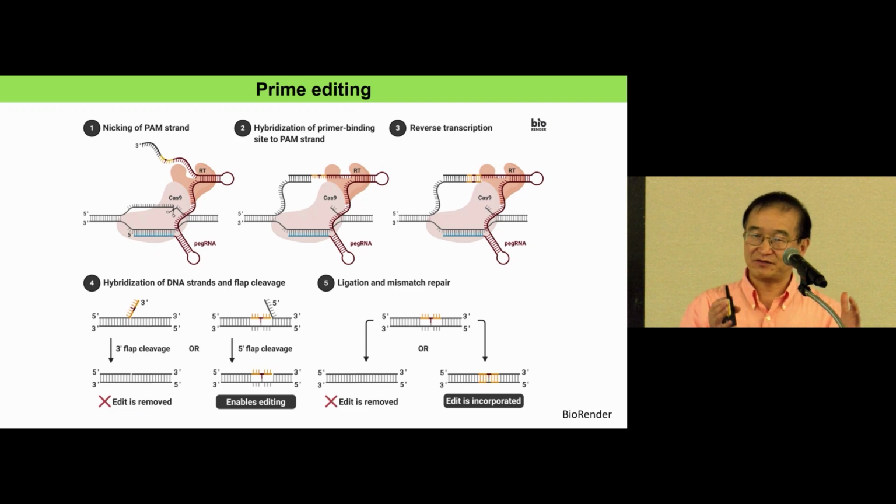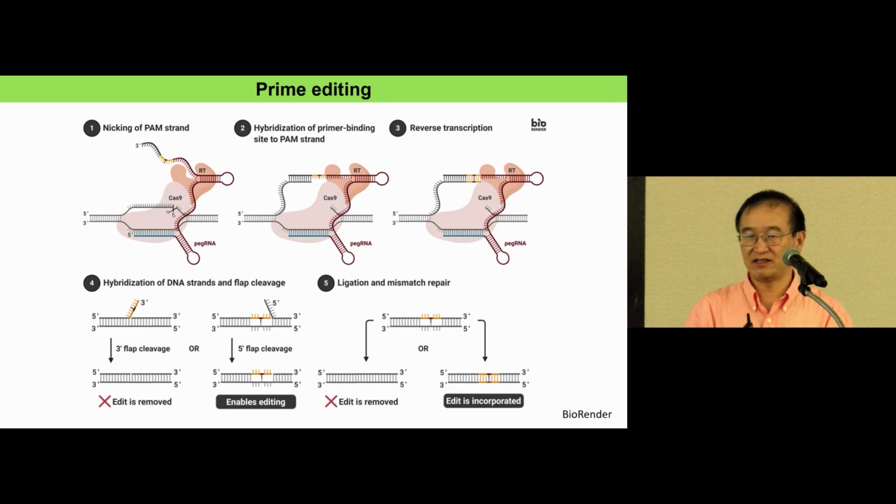It consists of the Cas9 scaffold, which could be recognized by Cas9, and at the 3' end there's a template extension. That extension consists of two parts. One is the primer binding site, which can form base complementarity with the genomic strand from that R loop.